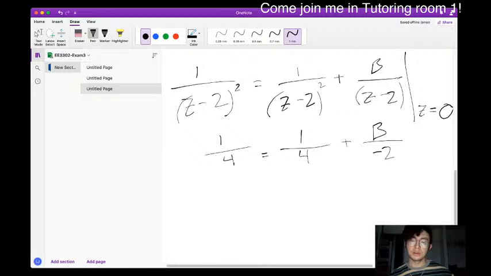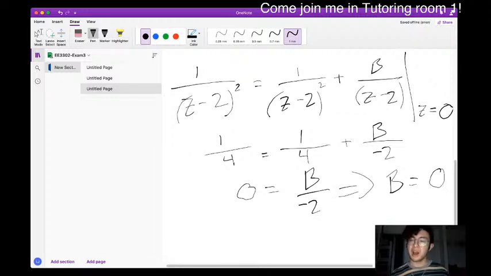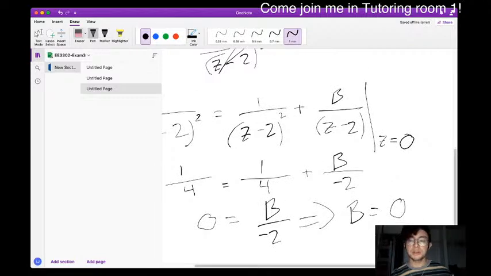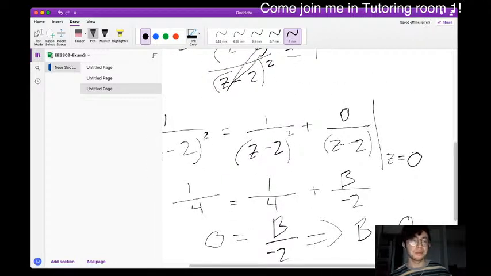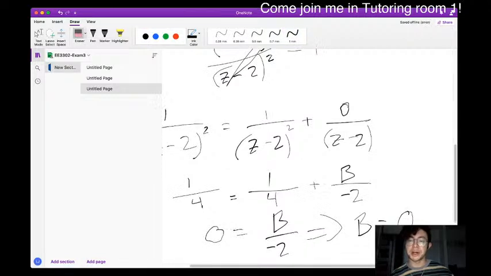So we get 0 is equal to b over minus 2, so b is 0. So we did this partial fraction decomposition, and this one is going to be 0. So this is actually the one that's all we need to do.